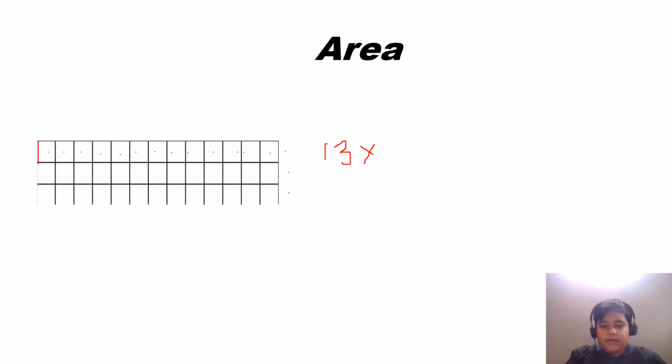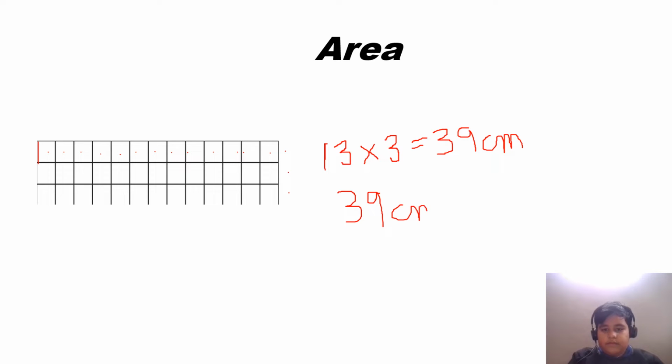Then we have to multiply it by 3, and the answer will be 39. If the answer of multiplying 13 into 3 is 39, then the area of this figure will be 39 centimeter square.